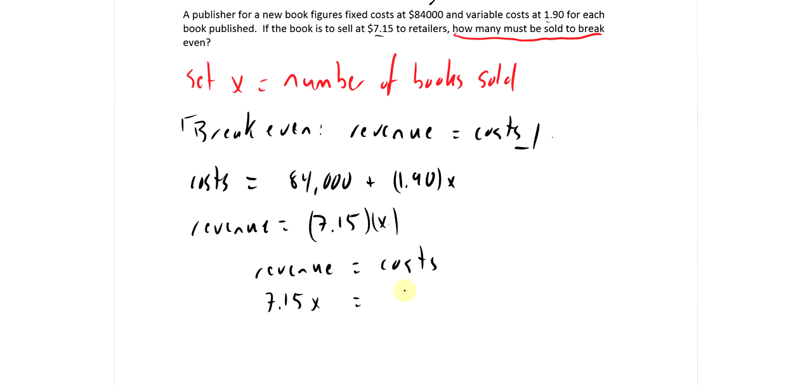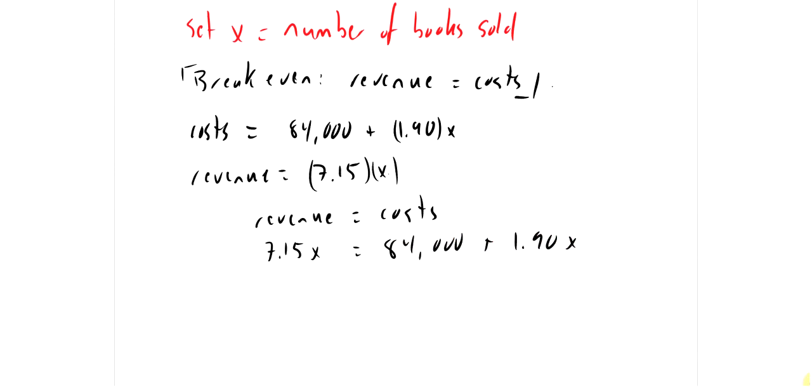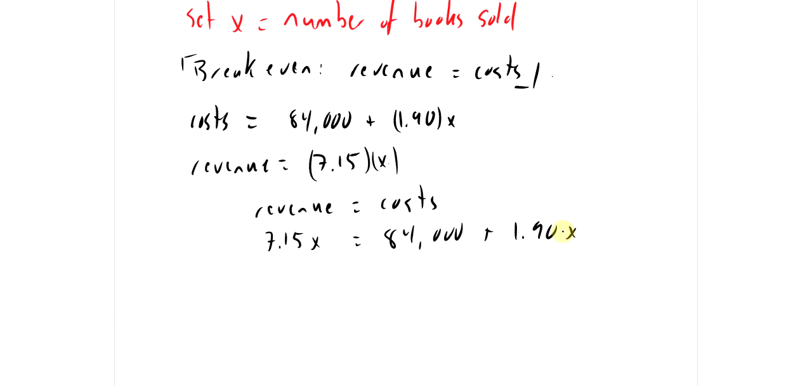7.15x equals 84,000 plus 1.90x. So we'll subtract the 1.90x from both sides, and we get 5.25x equals 84,000. And of course, this is your per book revenue, this is your per book cost, this is your per book profit, right? For each book you sell, you get $5.25 in profit.